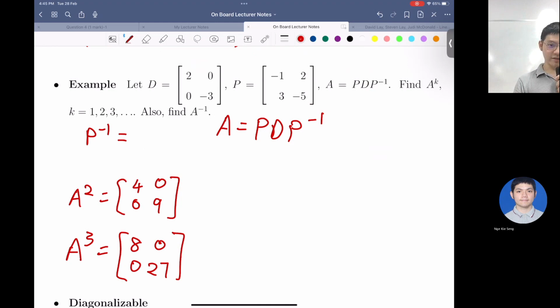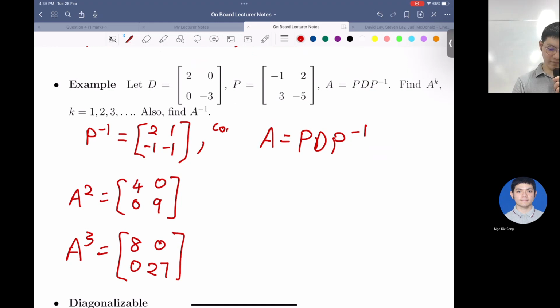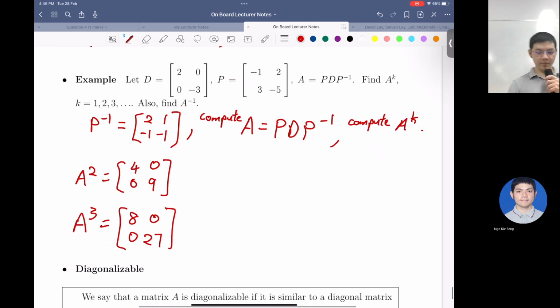So what's your P inverse? If I'm not wrong, it's 2, minus 1, 1, minus 2. Is it? Okay. So you get the P inverse, and then you compute A, then compute.